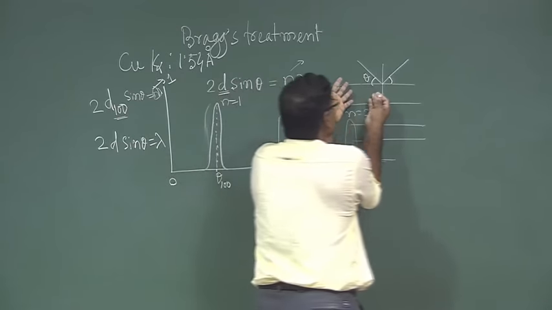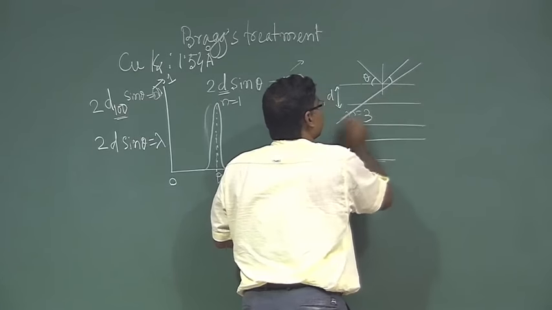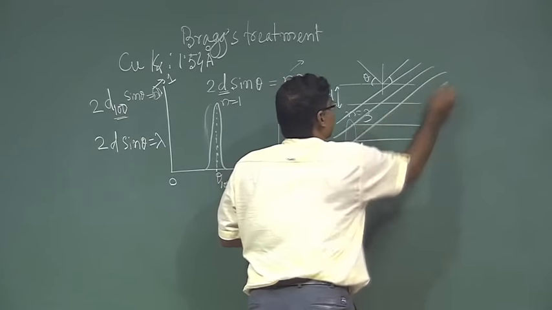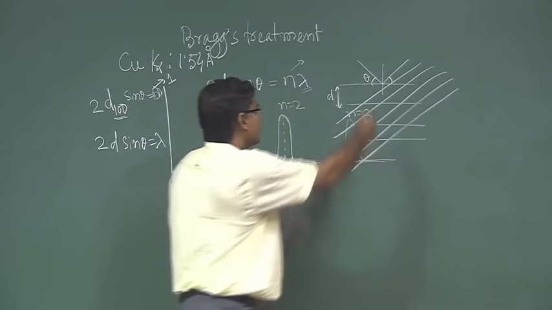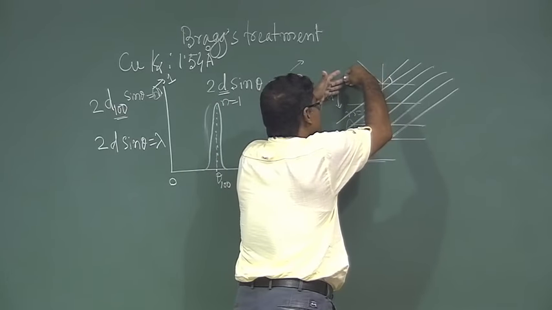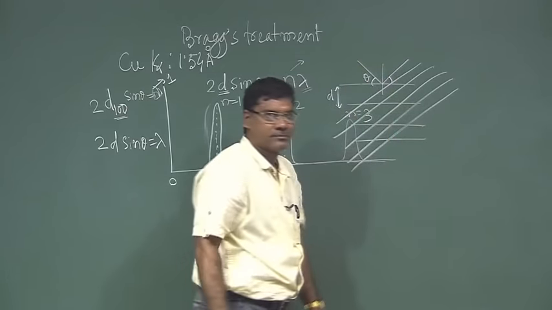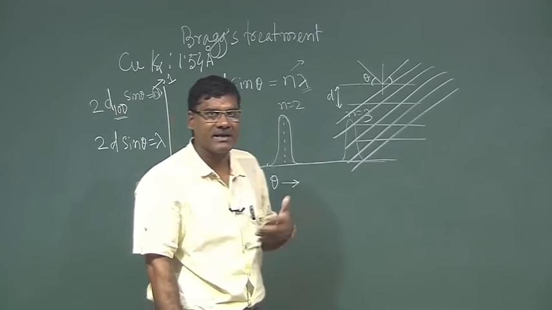Simultaneously, another set of planes are there. This X-ray is falling on all sets of planes, having different hkl.